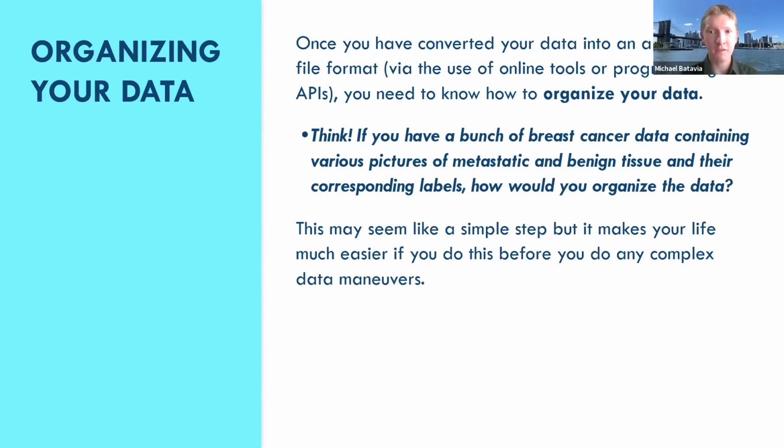If you have a bunch of, let's say, breast cancer data containing various pictures of metastatic and benign tissue and their corresponding labels, what I mean by labels is basically a number 0 or 1, where 0 means benign and 1 means malignant, how would you organize the data? So you have a bunch of images, you have a bunch of labels. How would you organize it?